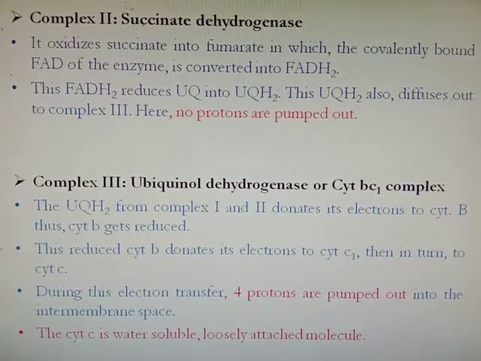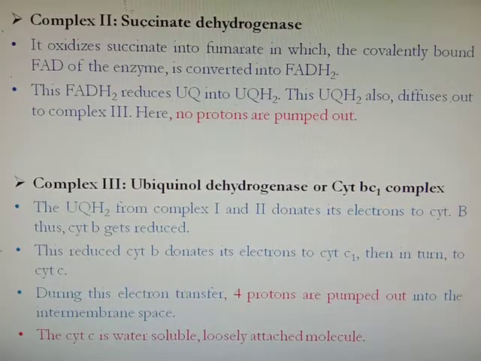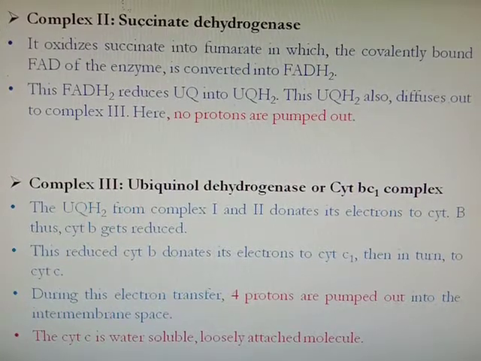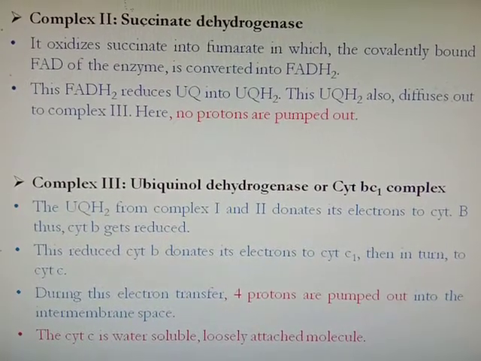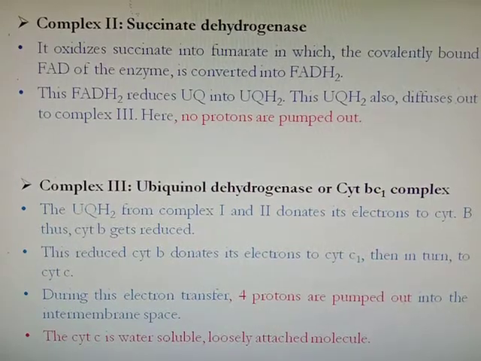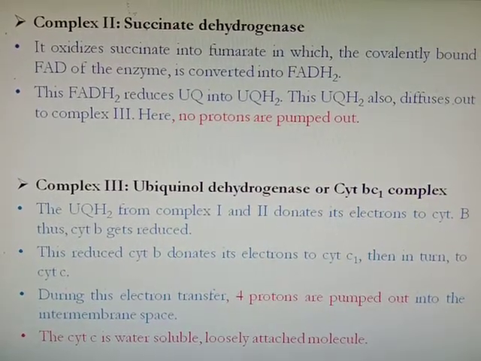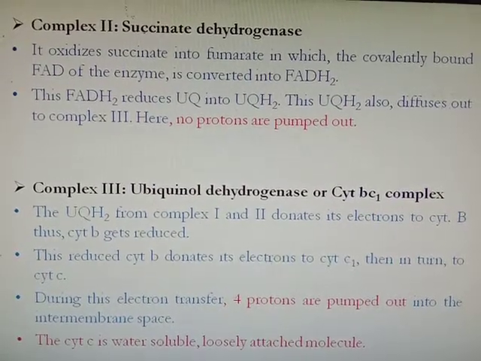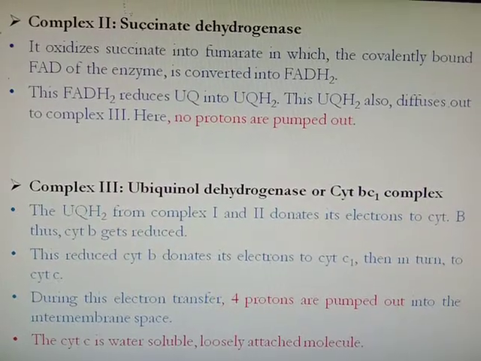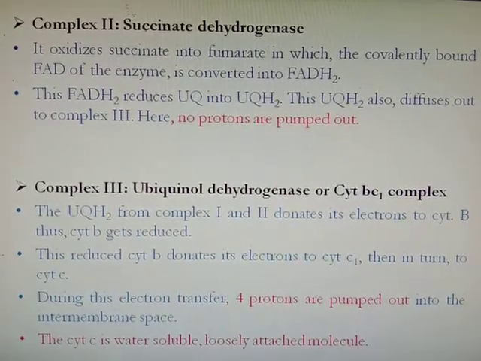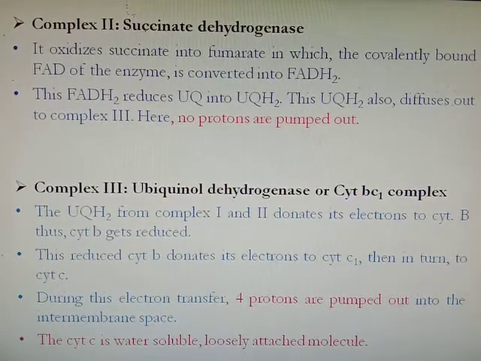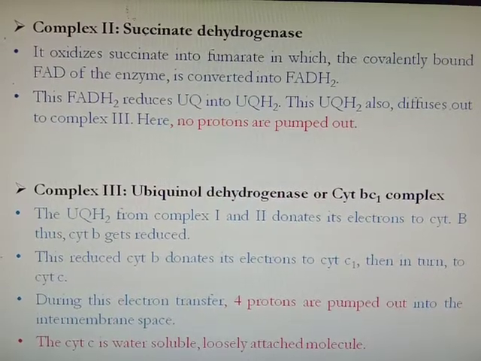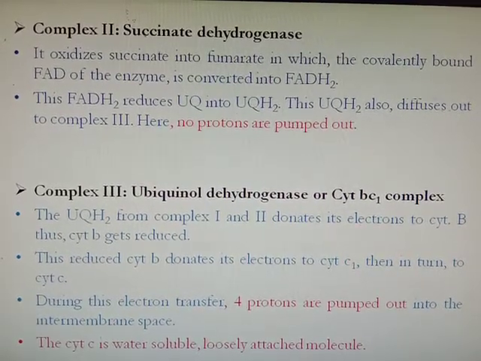In complex 3, also called ubiquinol dehydrogenase or cytochrome bc1 complex, the UQH2 from complex 1 and complex 2 donates its electron to cytochrome B. Thus, cytochrome B gets reduced. This reduced cytochrome B then donates its electron to cytochrome C1, because cytochrome C1 has a higher reduction potential than cytochrome B, and then in turn to cytochrome C. During this electron transfer, 4 protons are pumped out into the intermembrane space.